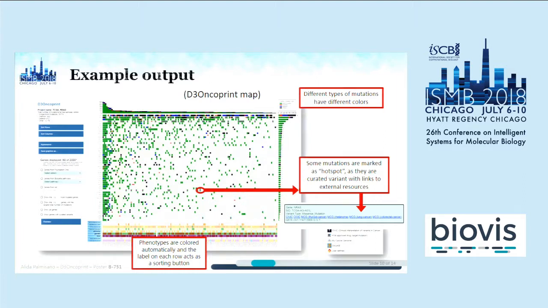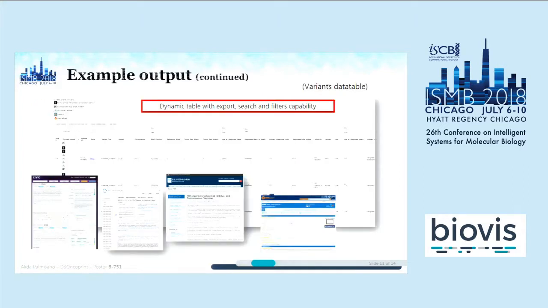On the top there is this Oncoprint, with buttons to change basically any visual aspect of this map. And right below, there is the same information in a tabular format, because in a text format it's much easier to do filtering and click on different information from external databases.